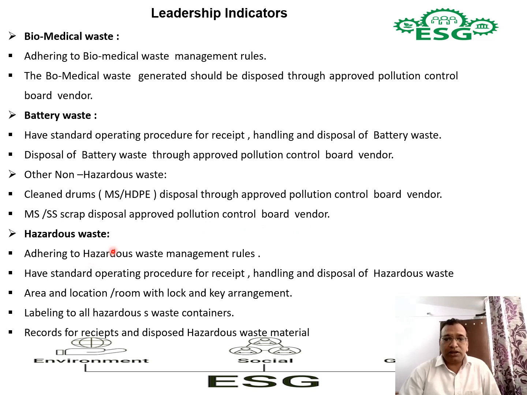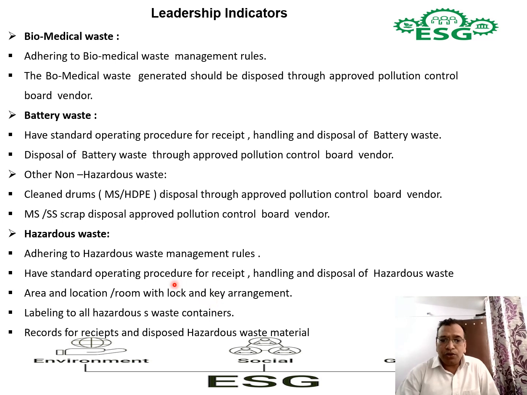Then comes the hazardous waste. Here you have to particularly adhere to the hazardous waste management handling rules. Whatever has been mentioned in your consent to operate, you have to adhere to, and accordingly handle it. And again here also you should have a standard operating procedure for receipt, handling and disposal of the hazardous waste. Then the area and location: a room with lock and key arrangement.